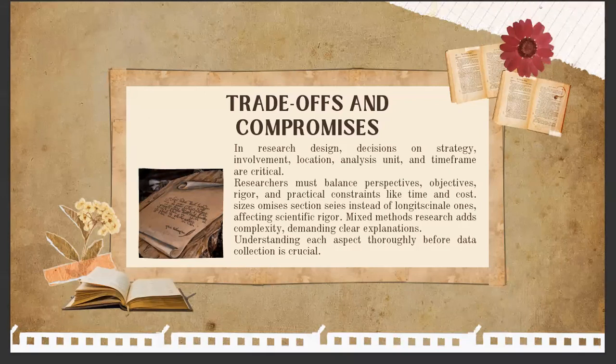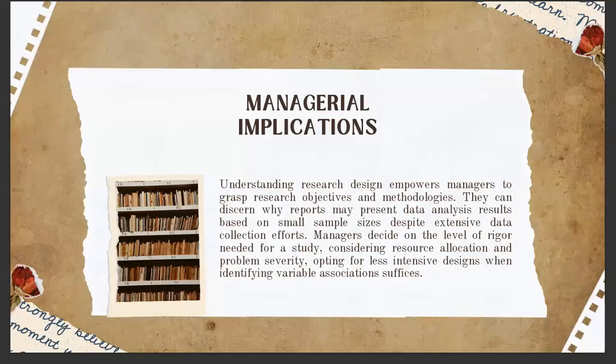Trade-offs may compromise sample sizes or favor cross-sectional over longitudinal studies, affecting scientific rigor. Mixed methods research adds complexity, demanding clear explanation. Understanding each aspect thoroughly before data collection is crucial. And next will be explained by Cika.